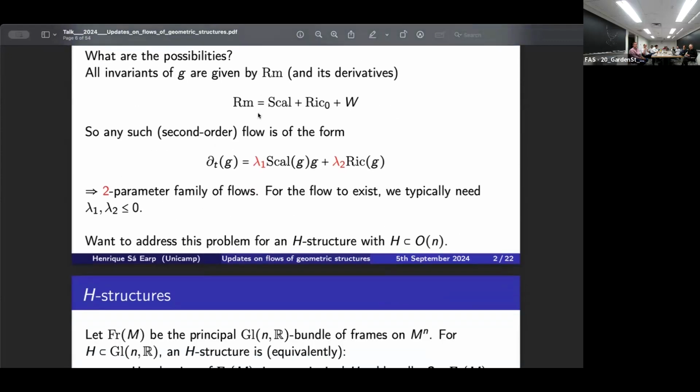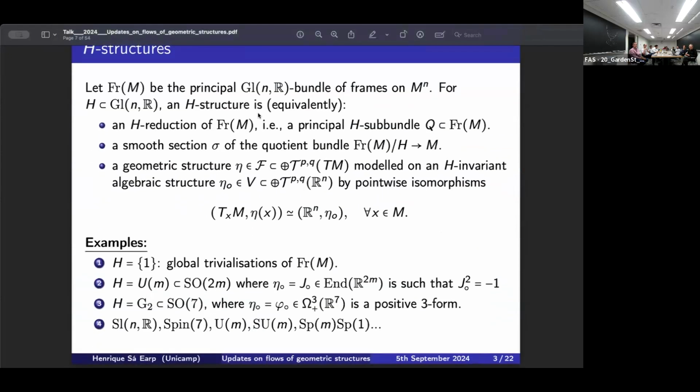So is everyone familiar with the notion of geometric structure? Basically, you take a frame bundle, and we say that an H structure is a section of the quotient of the frame bundle.